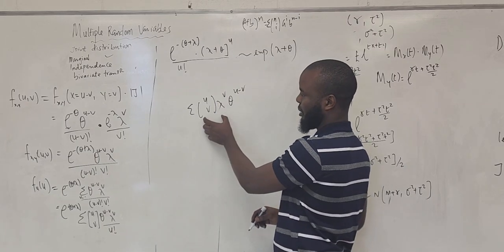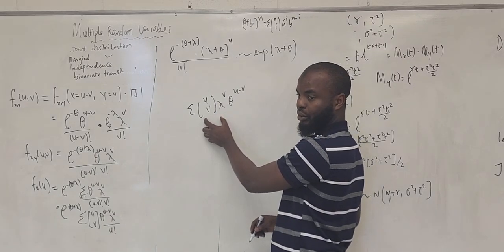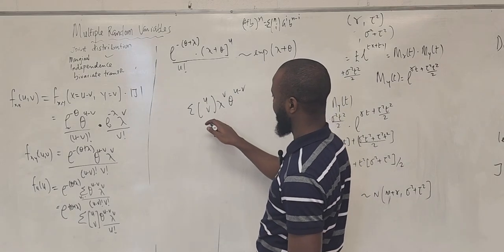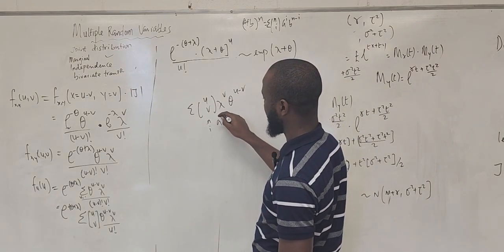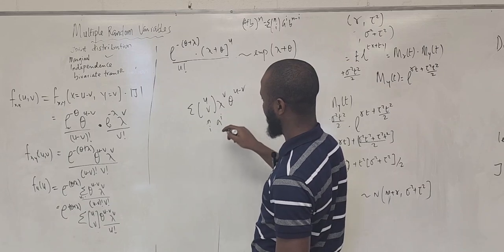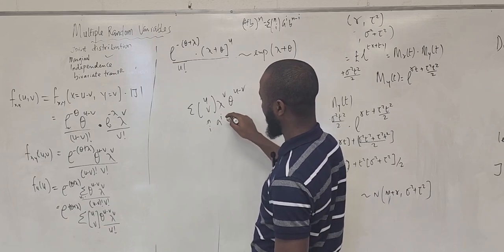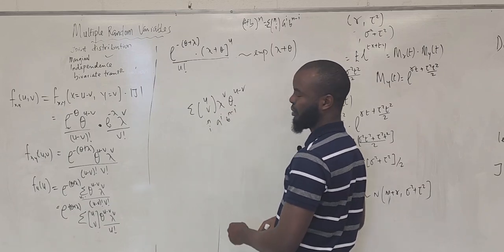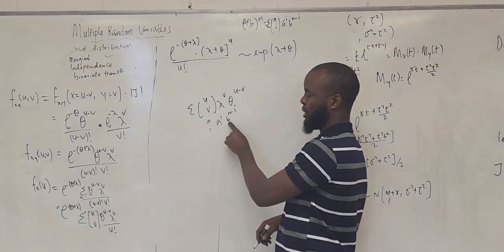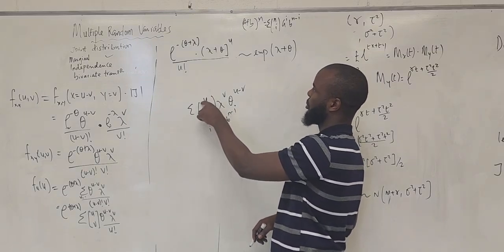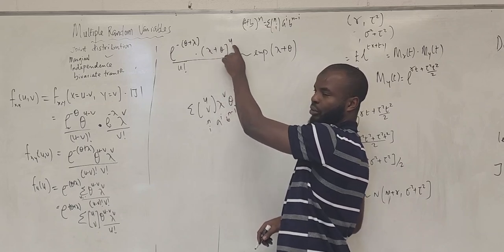It's like the binomial expansion: n combination i, a to the power of i, b to the power of n minus i. This is my n, this is my i. So it is a plus b to the power of n. What is n? u. So a plus b to the power of u.